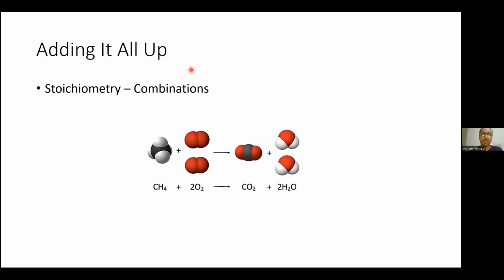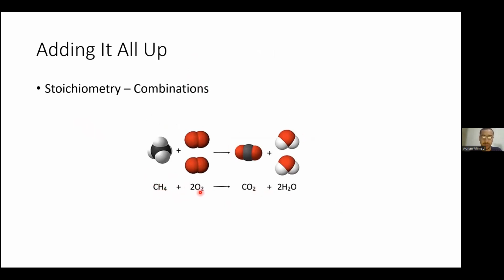So now we are moving towards the second topic, and that is adding it all up. Adding it all up basically means that we are dealing with stoichiometry, we are dealing with combinations. As we can see here, we have a balanced chemical equation. This is methane, CH4.